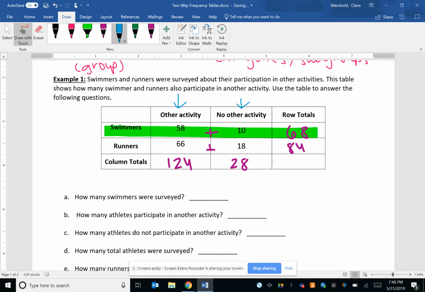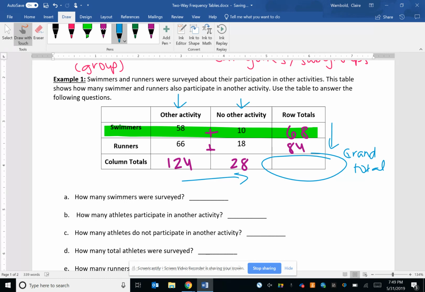Now, that leaves one blank here. Some people call this the grand total, because it's both the row totals and the column totals put together. We're basically saying that of the same group of people, we can split it two different ways, but both should add up to the same number.